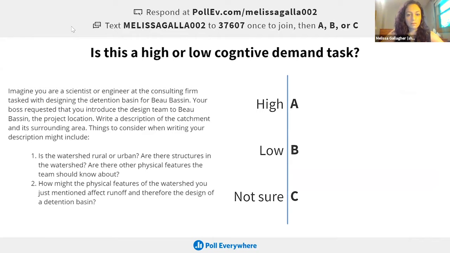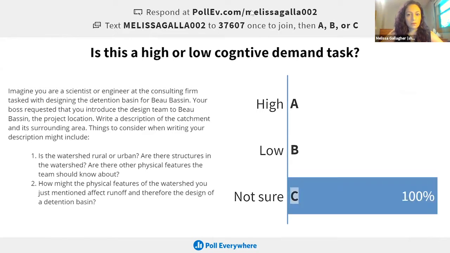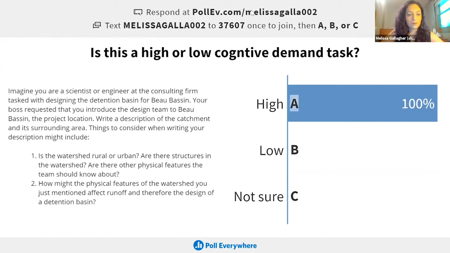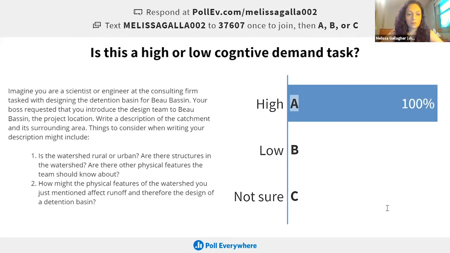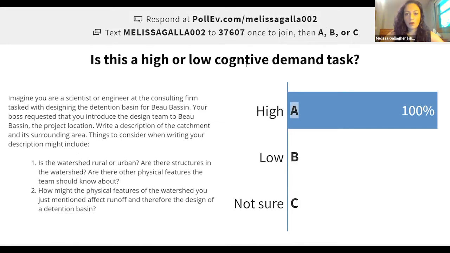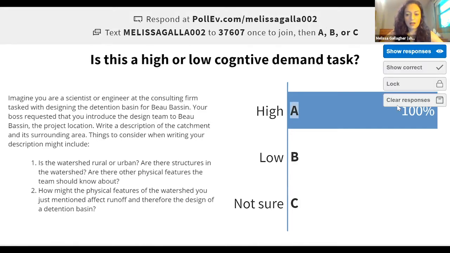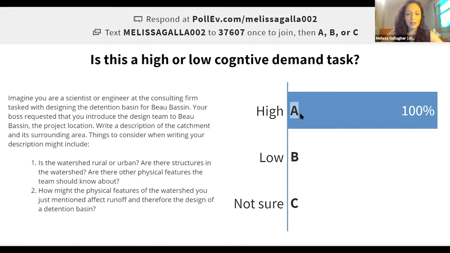What do you think about this one? All right, so it looks like everyone here is saying high.